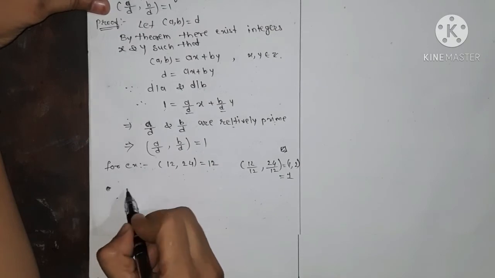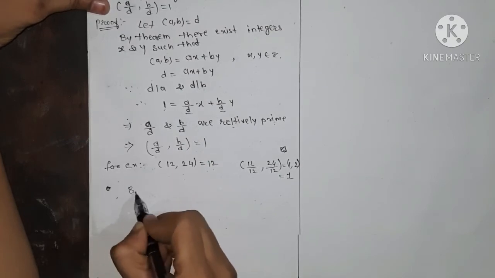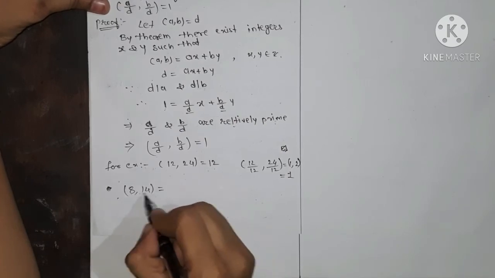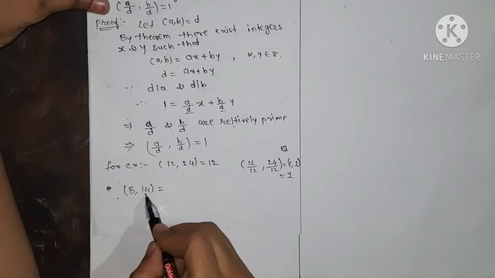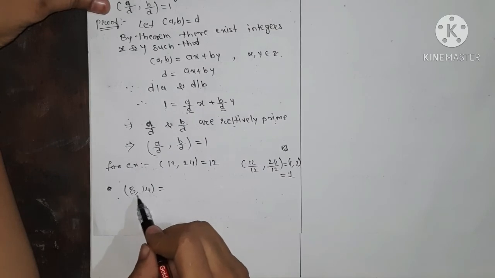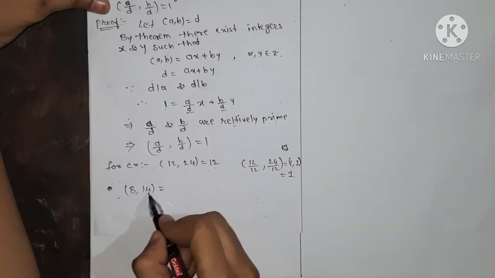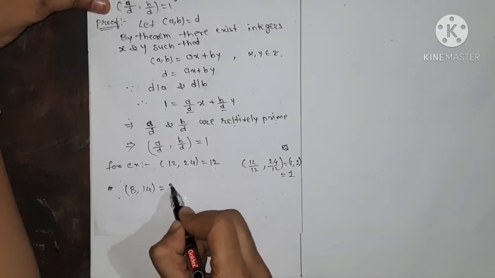Or we take another example, GCD of 8 comma 14. What is the common divisor here? 1 and 2, and the greatest common divisor is 2.